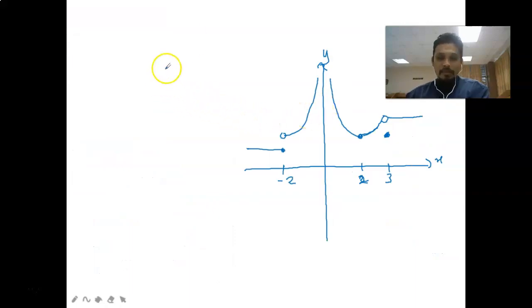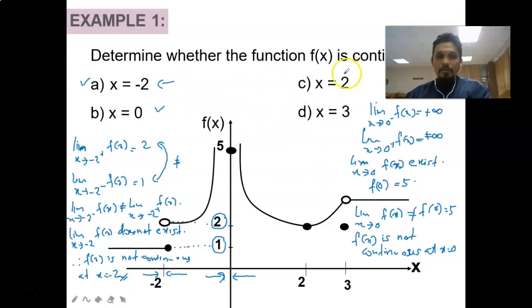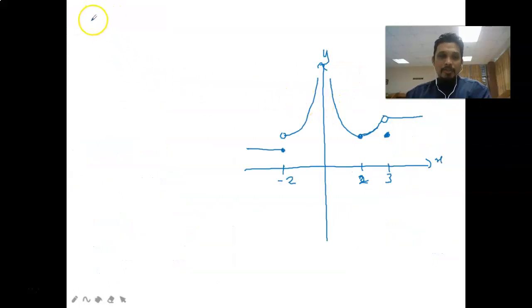Okay, now x equal to 2 and x equal to 3.